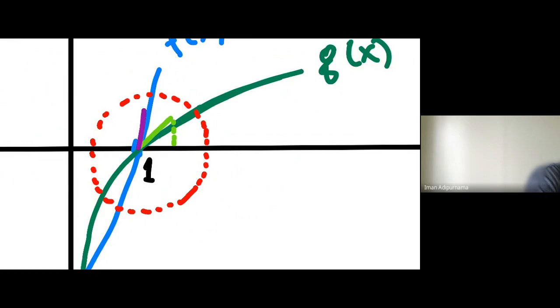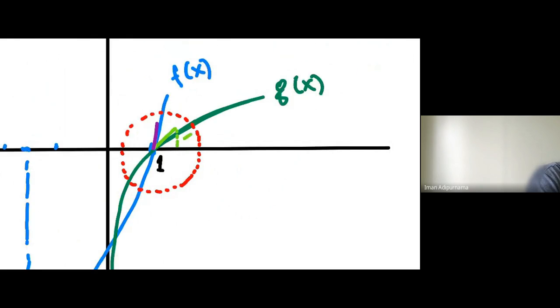This is dg, and the x component is dx. And for the other one, this will be df, and this is dx.